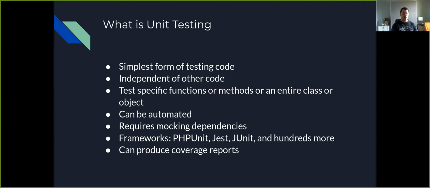And because we don't want to specifically test those particular parts, we have to mock the actual functionality of that dependency, and that just kind of simulates the reaction or the response from that dependency. And we'll take a look at an example of a mock dependency here in just a couple moments.